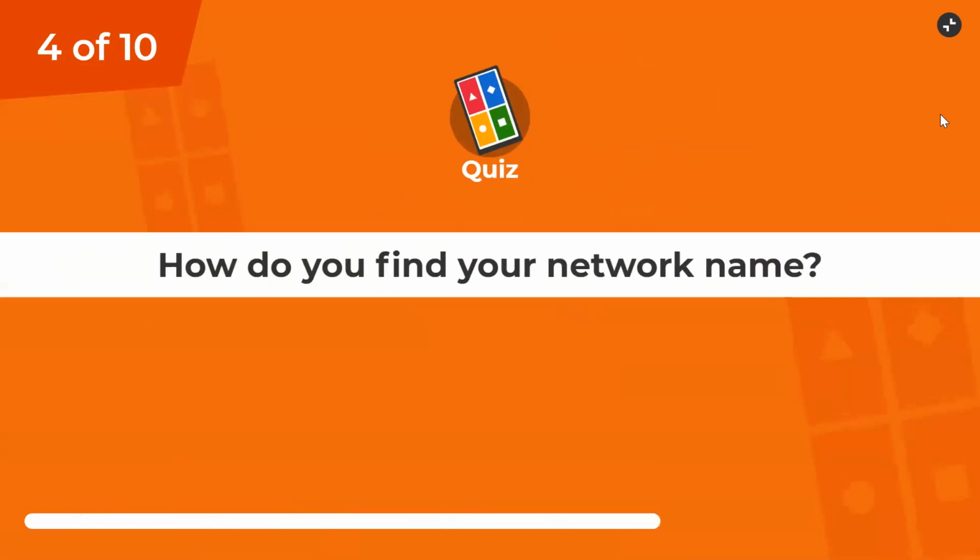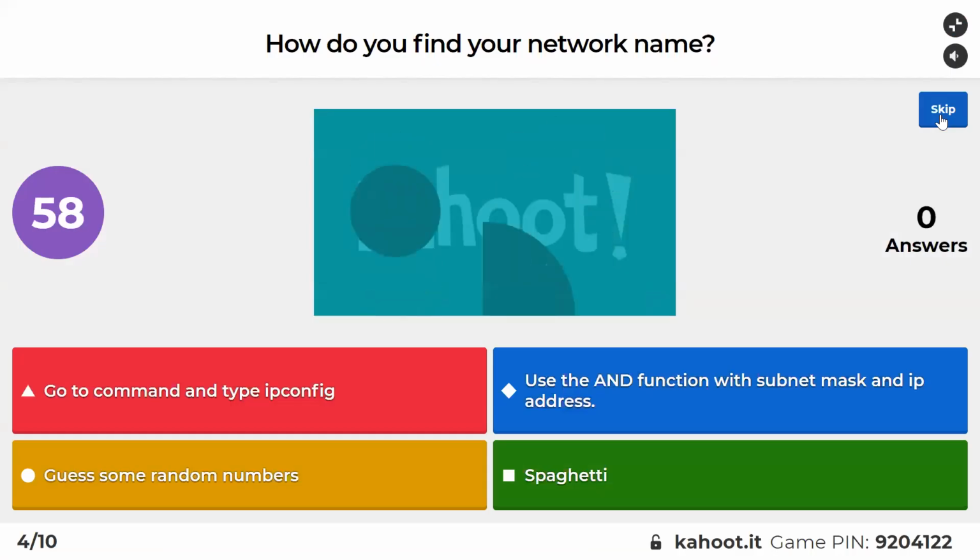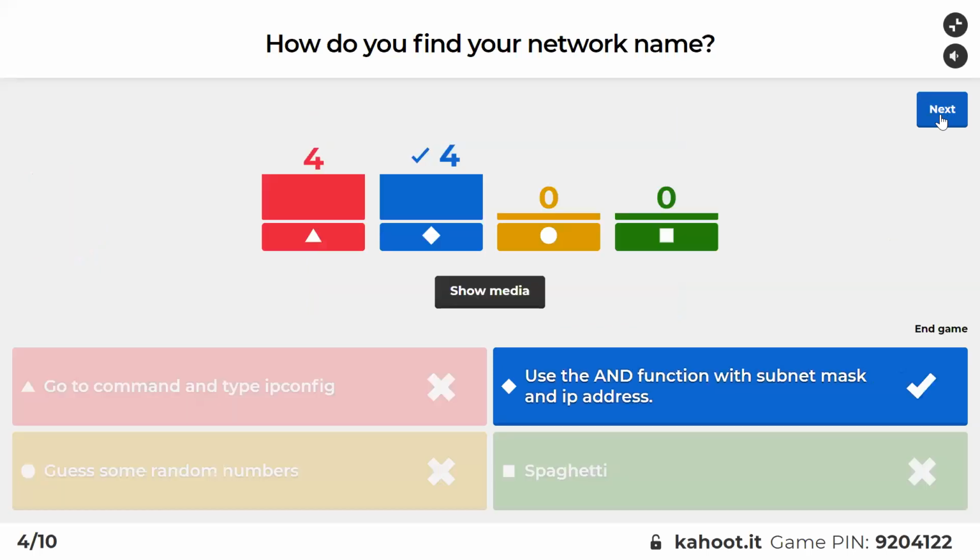How do you find your network name? Okay, the answer was to use the AND function with your subnet mask and your IP address.